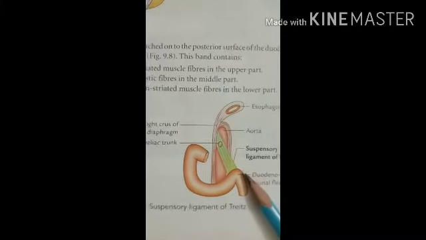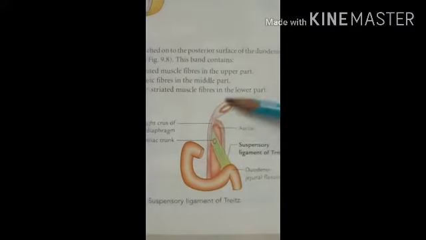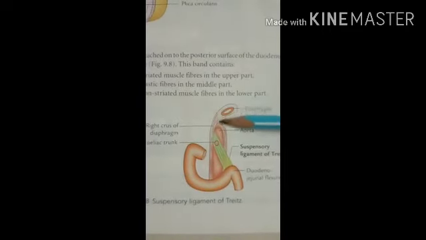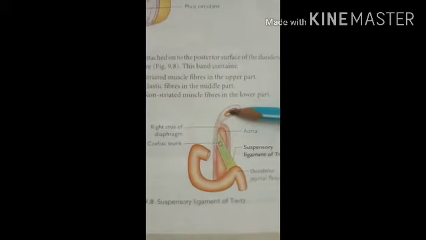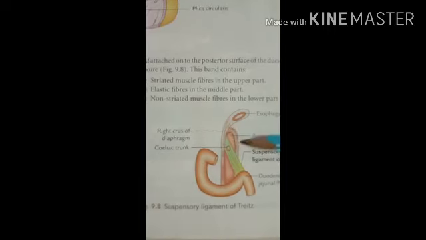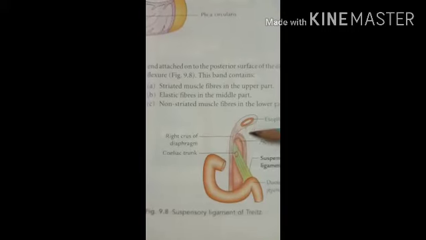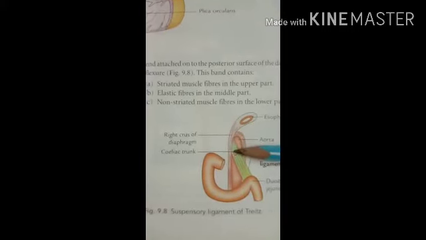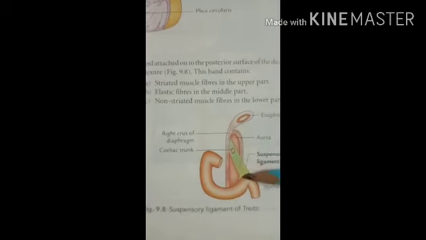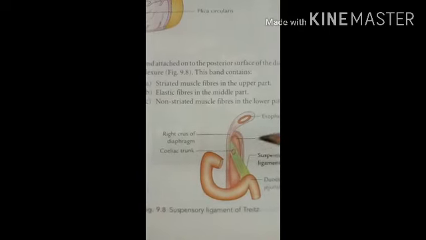It arises from the crus of the diaphragm, close to the right side of the oesophagus. Here you can see the oesophagus, and it comes from the right crus of the diaphragm. Then it passes downwards behind the pancreas and is attached to the posterior surface of the duodenojejunal flexure.